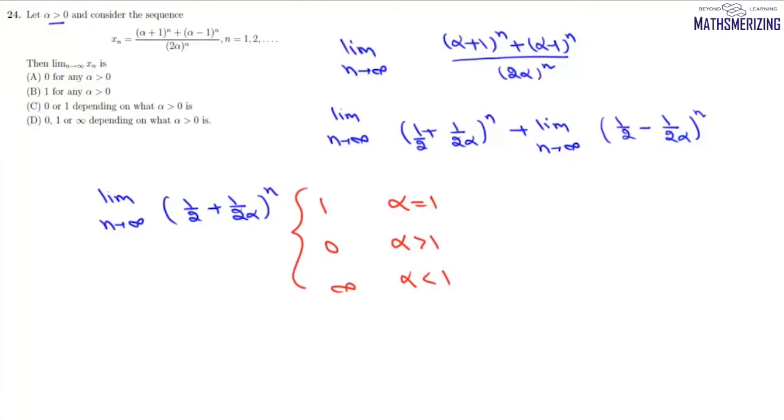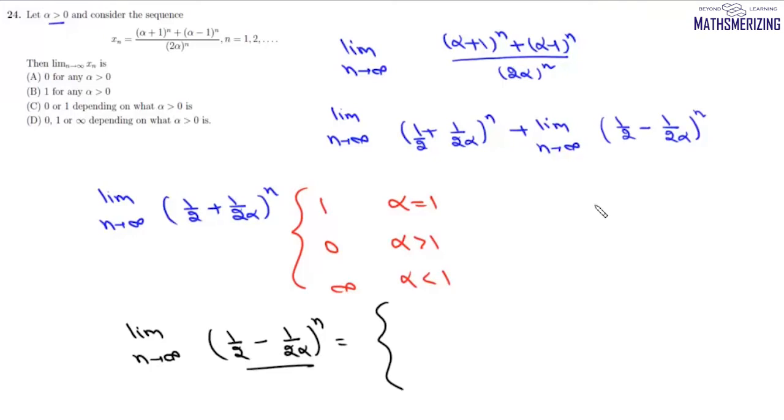Now for the second limit, which is limit n tends to infinity of 1 by 2 minus 1 by 2 alpha to the power n.